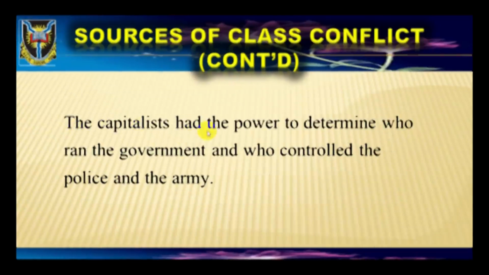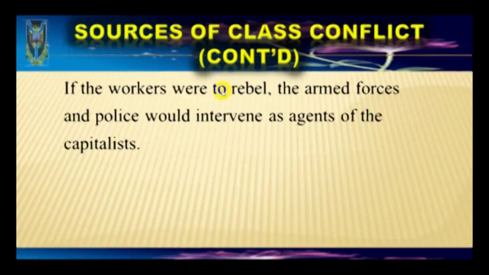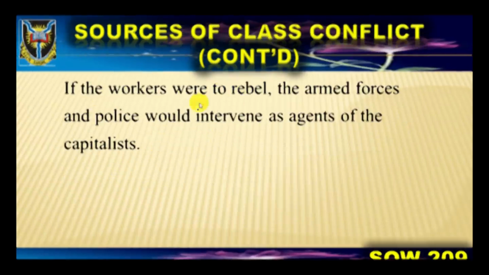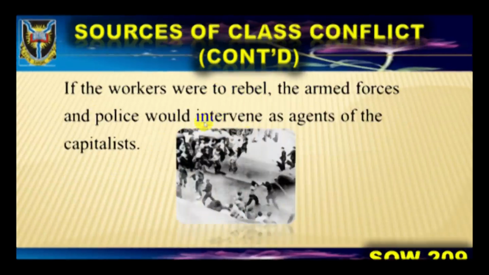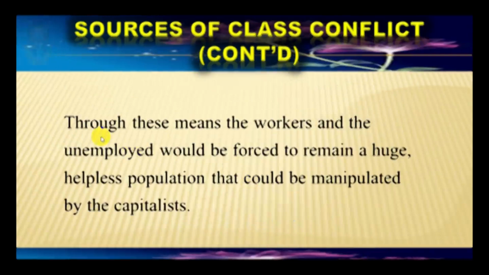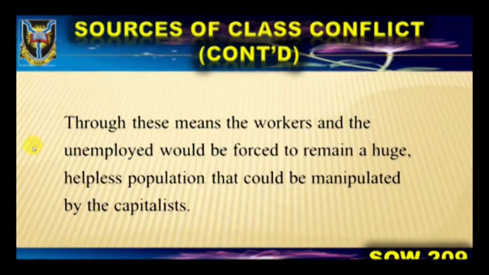The capitalists had the power to determine who ran the government and who controlled the police and the army. If the workers were to rebel, the armed forces and police would intervene as agents of the capitalists. Through these means, the workers and the unemployed would be forced to remain a huge, helpless population that could be manipulated by the capitalists.